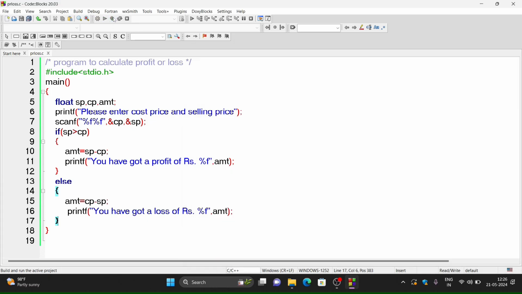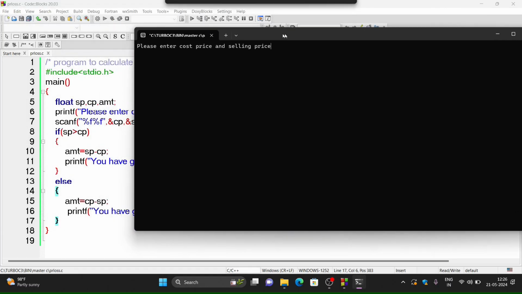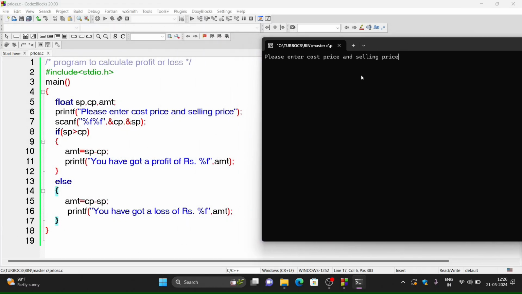Let us run the same program for loss. Suppose I now enter the values 5000 and 2000. That means cost price is 5000 and selling price is 2000. See here the output. You have got a loss of rupees 3000, which is 5000 minus 2000, that is cost price minus selling price.